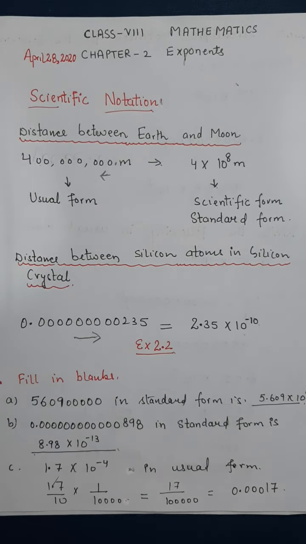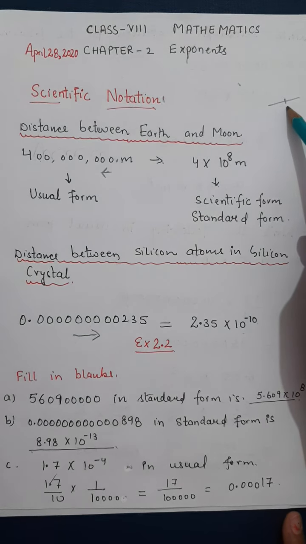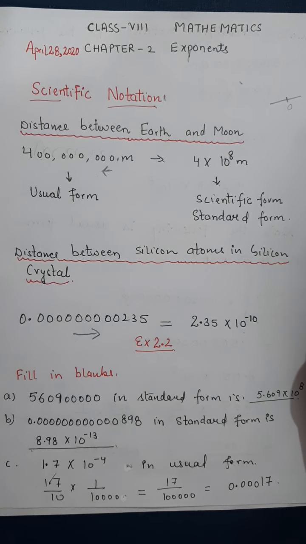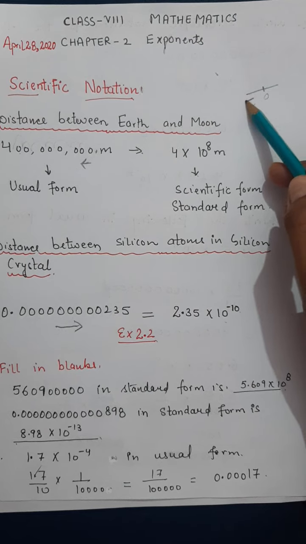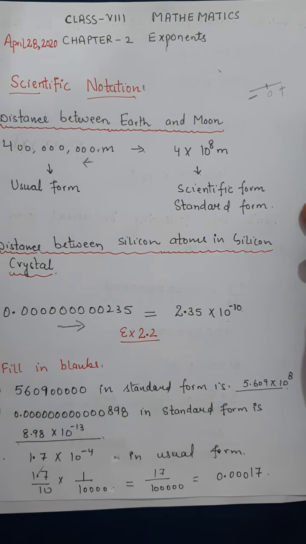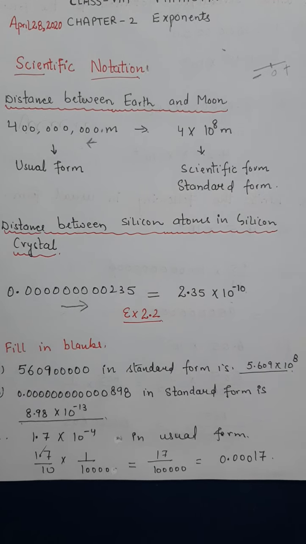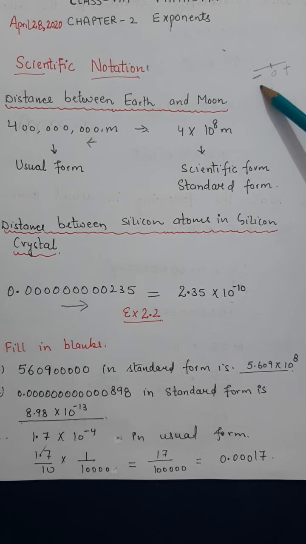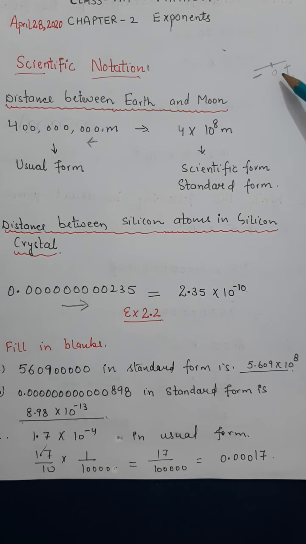Okay, you can remember this by using the number line. On the number line, in between we have 0. This side we have negative integers and this side we have positive integers, right? But in case of scientific notation, left side should be positive and right side will be negative.